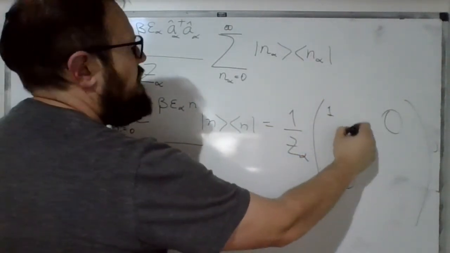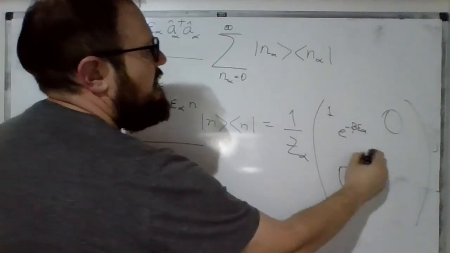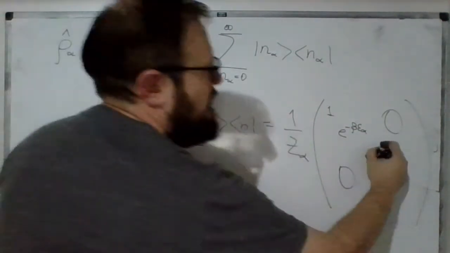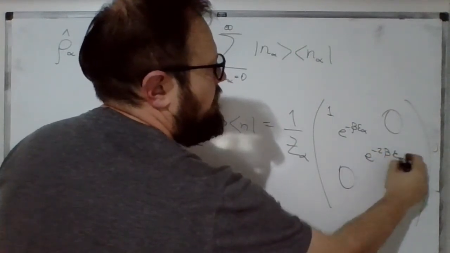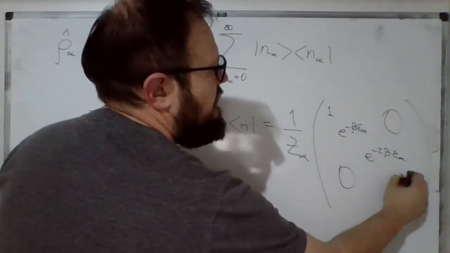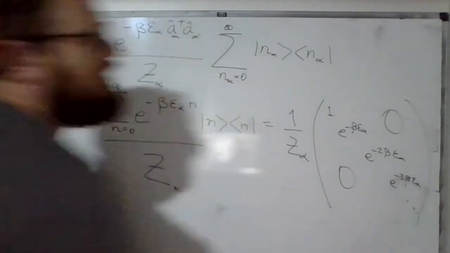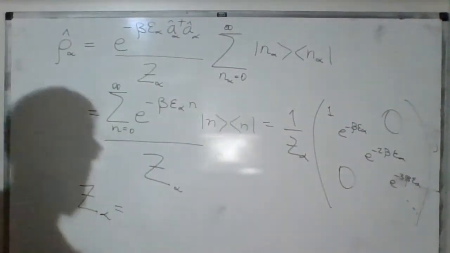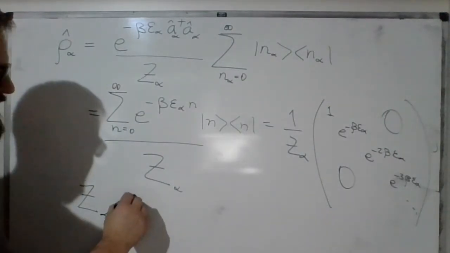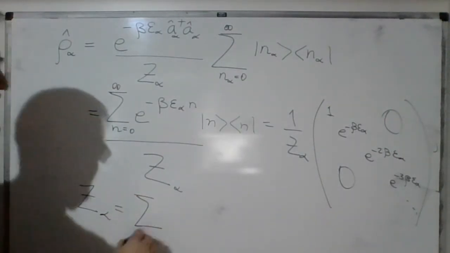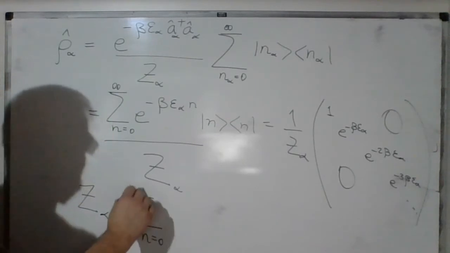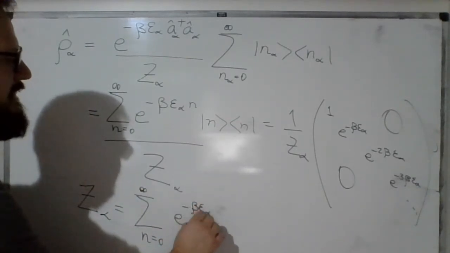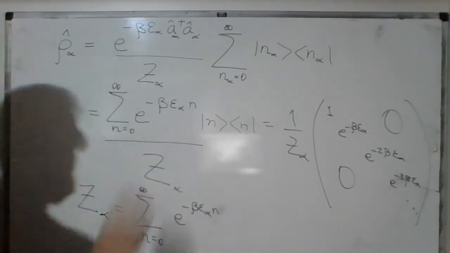Then e to the minus beta e alpha, e to the minus 2 beta e alpha, e to the minus 3 beta e alpha, and so on in the diagonal. If you add these terms all together, you'll find a summation over n from 0 to infinity of the exponential of minus beta e alpha times n.